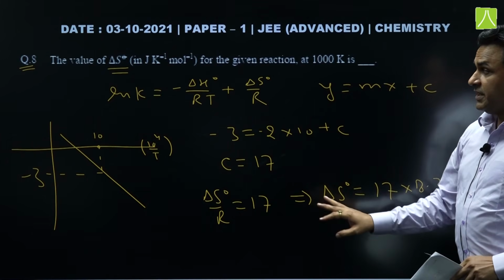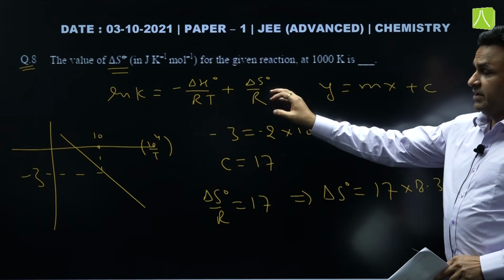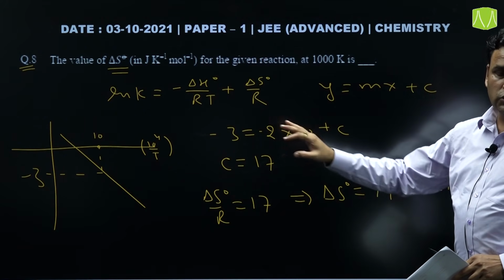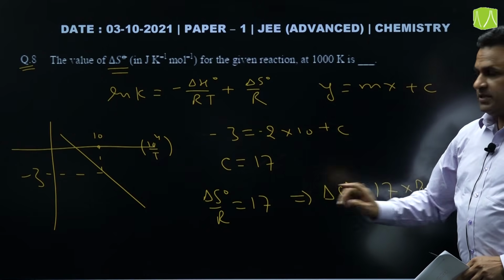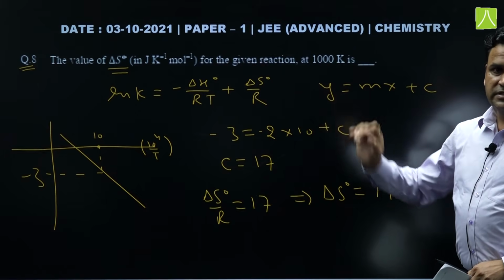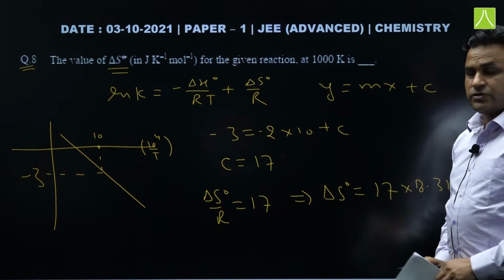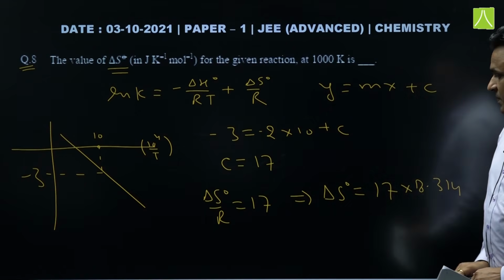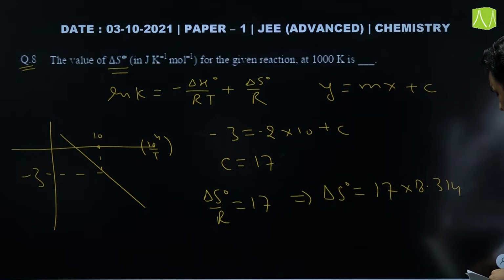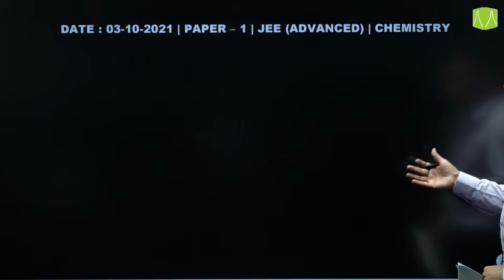We have to read the graph and we should be knowing the equation. Using this equation, we can calculate the slope and the y intercept, and the value of slope and y intercept is going to give us delta H naught and delta S naught of the reaction. Question number 7 and 8 from chemical equilibrium and thermodynamics.